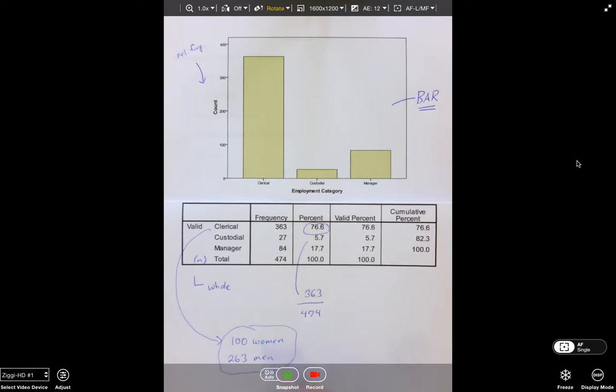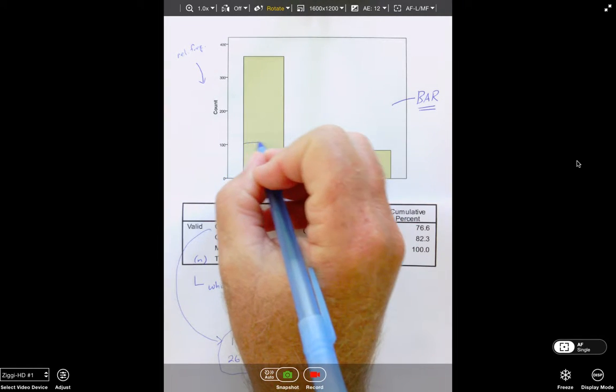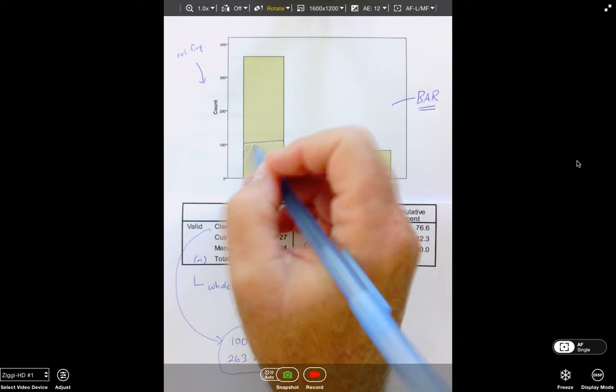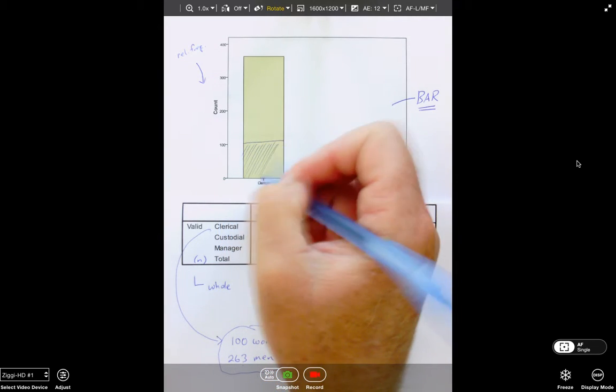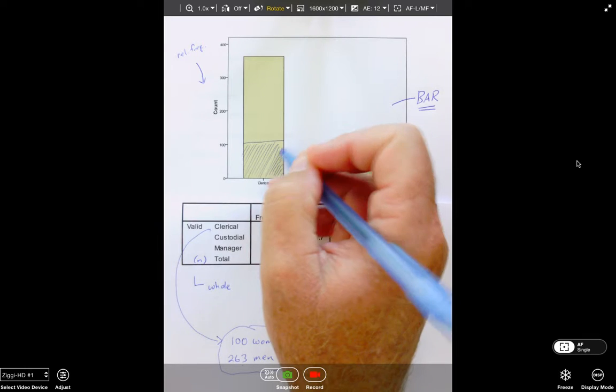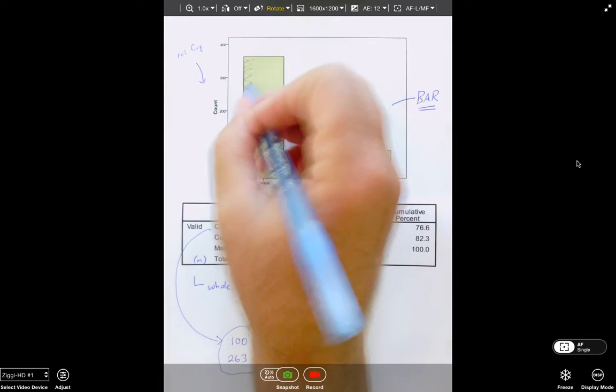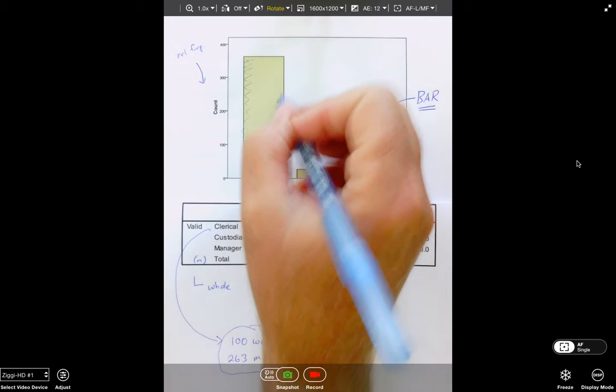So if we have a categorical variable that is divided into another categorical variable, so we not only have the person's position, but we have it broken down across gender, what you'll see a lot is called a stacked bar chart. So we could come in for women up to 100 and shade that some way, and then shade the other a different way.